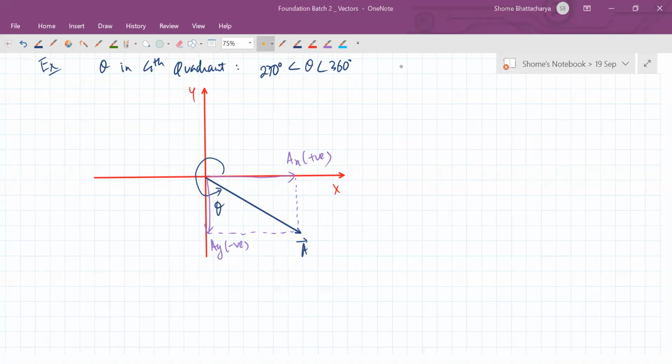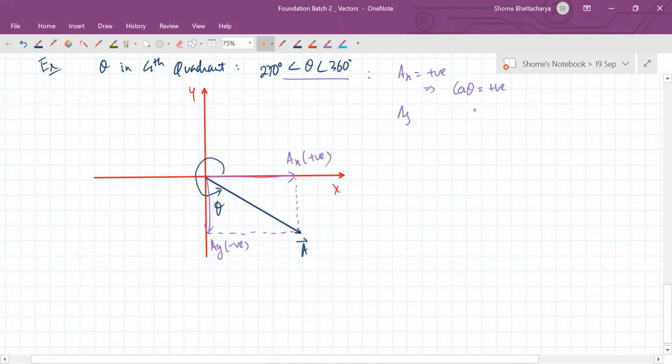So in fourth quadrant, what happens is that ax is positive, which itself means that cos theta will be positive, whereas ay is negative. So that itself means that sine theta will be negative. And cos is positive and sine is negative means, of course, tan theta, which is the ratio of these two, will be negative. So in fourth quadrant, it is cos which is positive. So that's the logic of that.